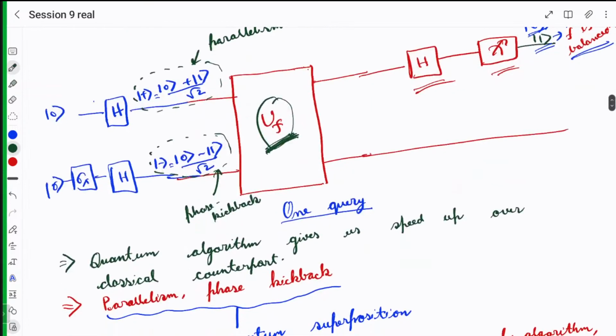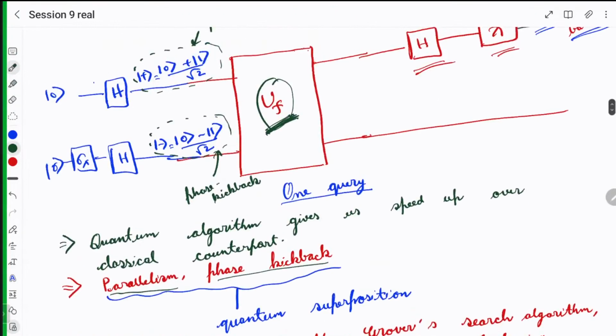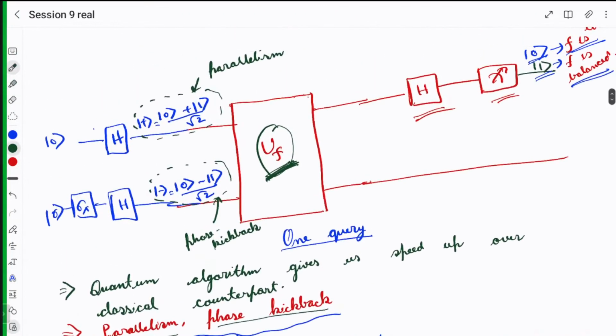And the phenomena which led to this speedup, which we concluded, were parallelism and phase kickback. Both of these were enabled by the phenomenon of quantum superposition. So this superposition, ket plus, which we fed to the first qubit, allowed us to calculate f0 and f1 at the same time.